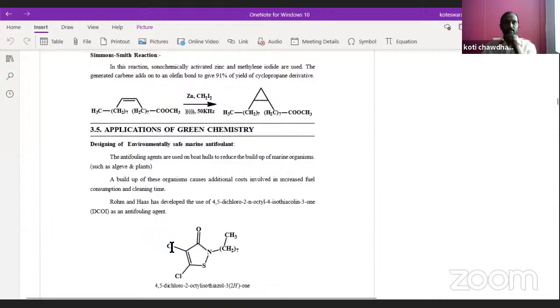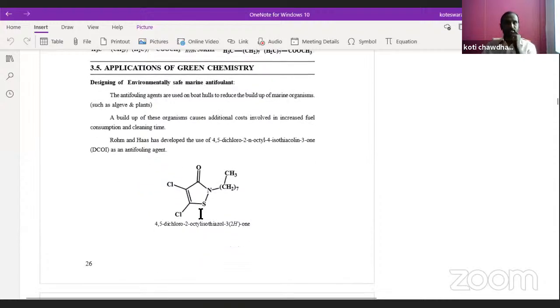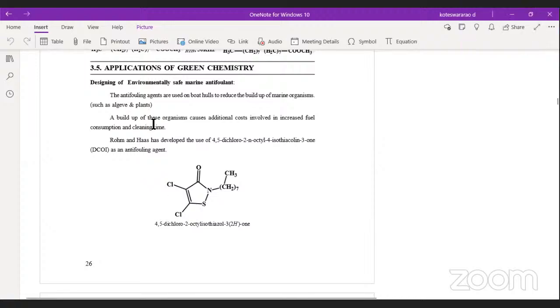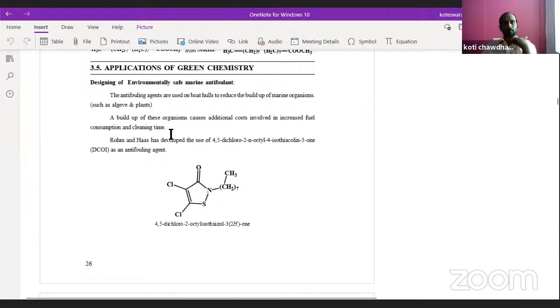Next, applications of green chemistry. Design of environmentally safe marine materials. There is a difficulty in marine boat production when building boats or ships. Organisms like fungus and bacteria damage the boats.